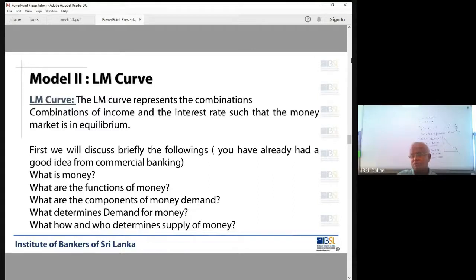The central bank is in a position to raise the GDP of the country by changing the policy rates. These are called monetary policy instruments, and they can affect the GDP.